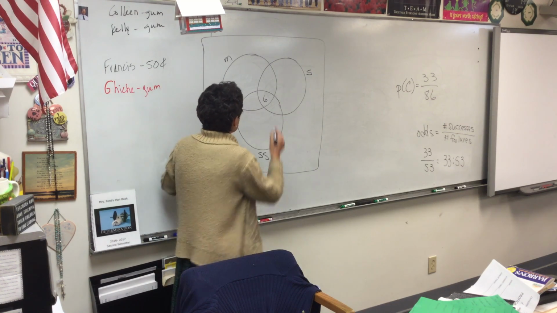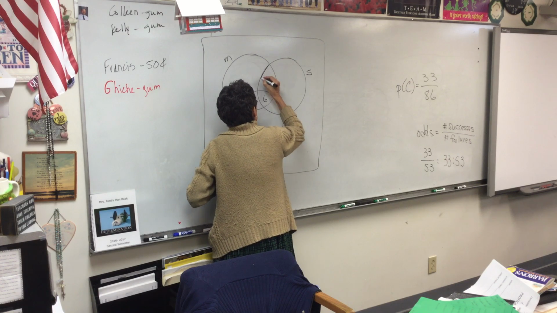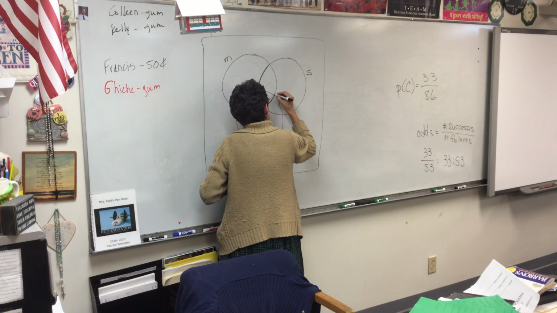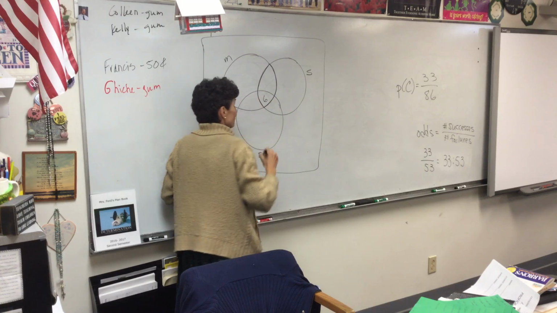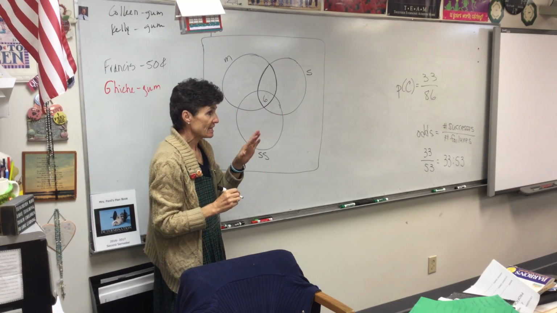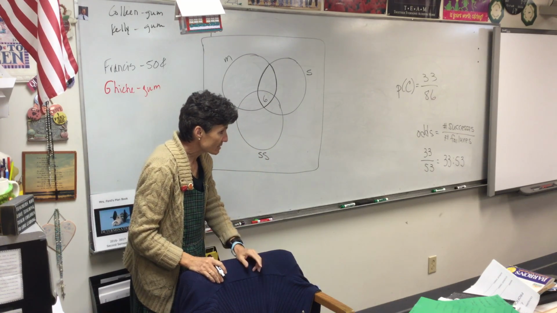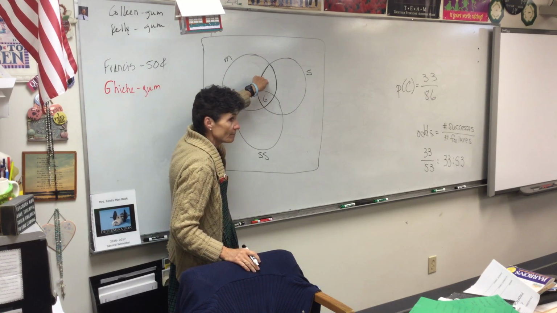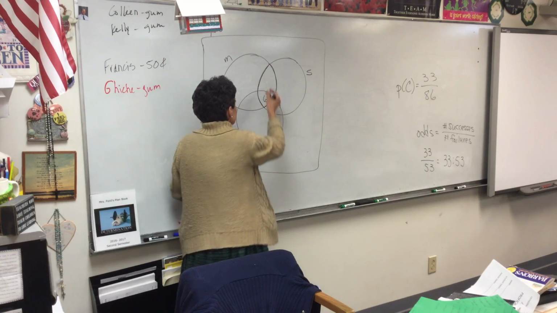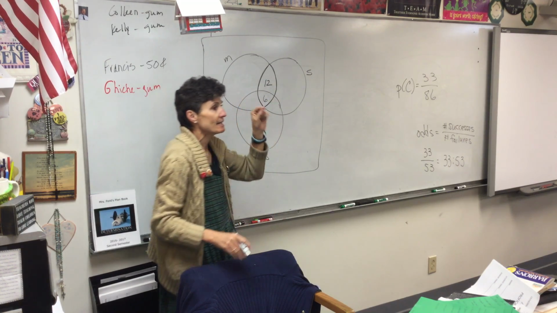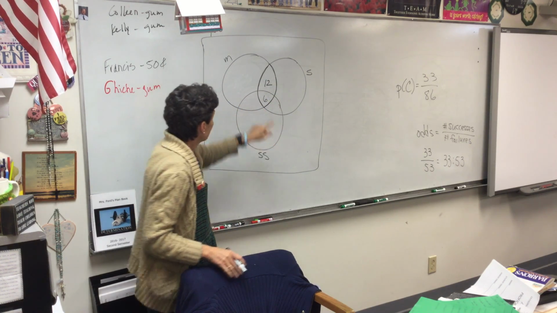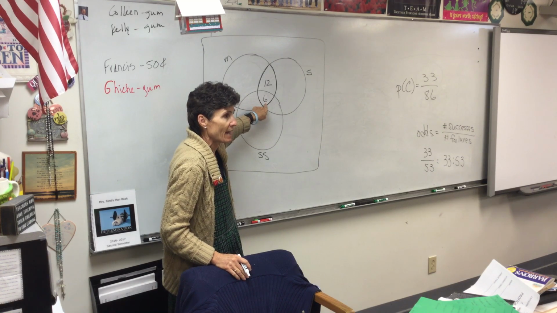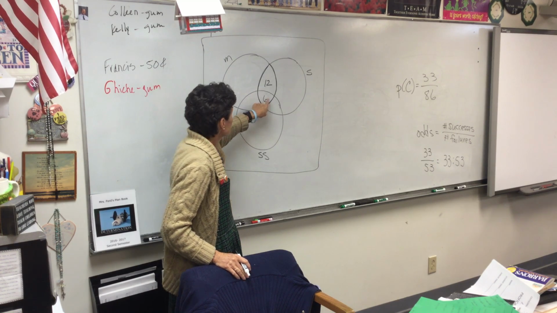Math and science is right here. Would you agree that that football is the kids who like math and science? So what am I gonna put right here? 12. Because there are 18 in the football, but you already marked 6 of them down. So that's a 12.